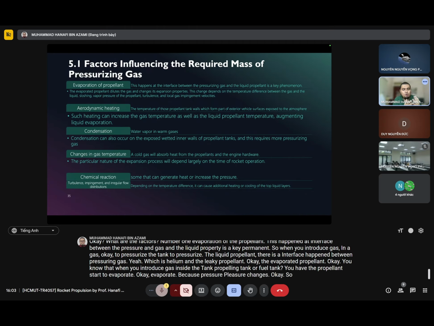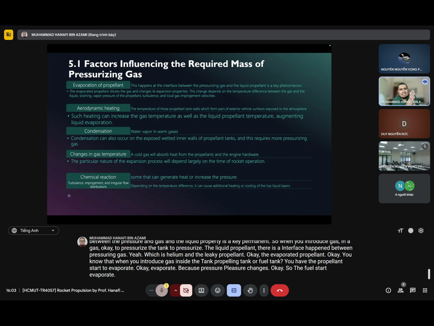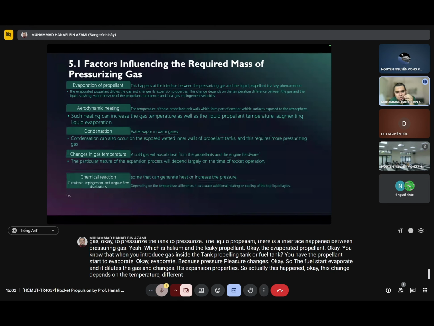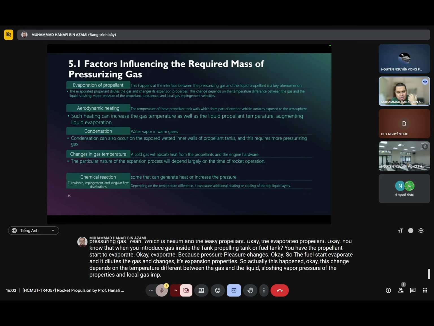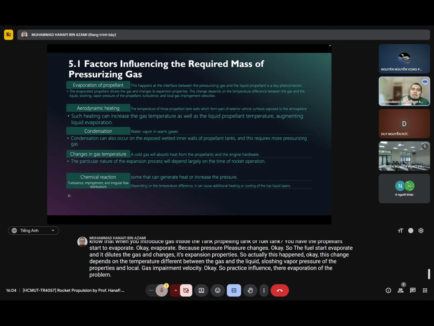So the fuel starts to evaporate and it dilutes the gas and changes its expansion properties. This change depends on the temperature difference between the gas and the liquid, sloshing, vapor pressure of the propellant, turbulence, and local gas impingement velocity. So those are the factors influencing the evaporation of the propellant.